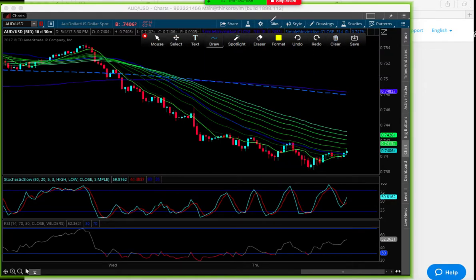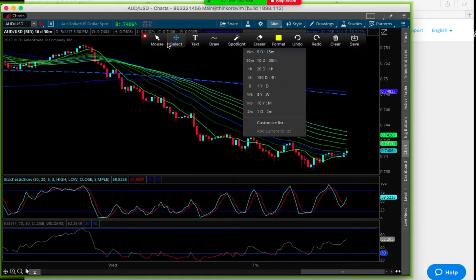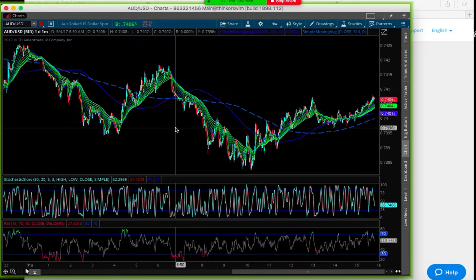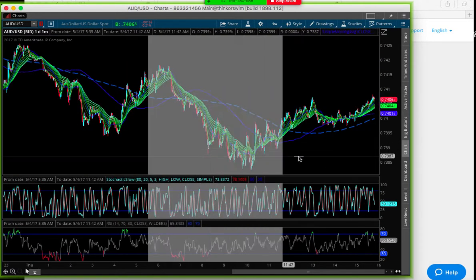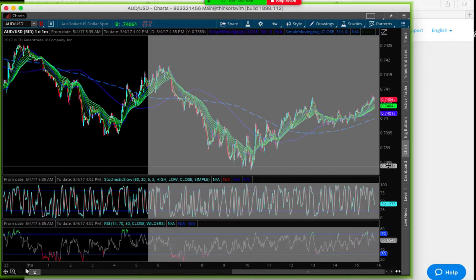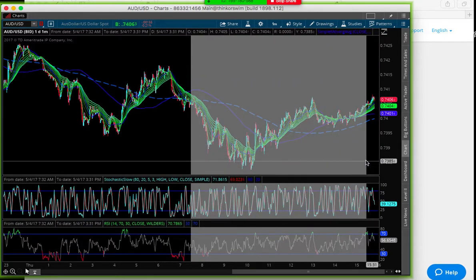What we did, this is the 30-minute chart, so it's easier to see on the 1 minute. So we ended up buying near the low after we flipped and went long.